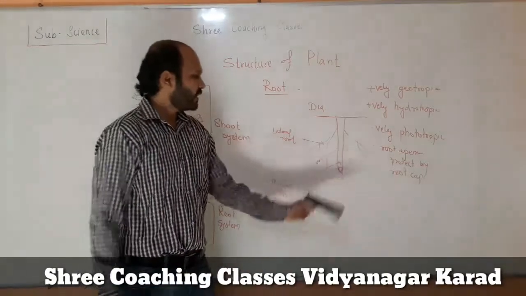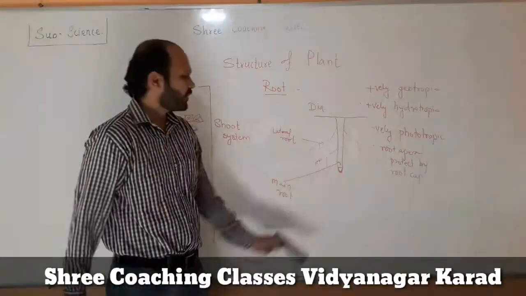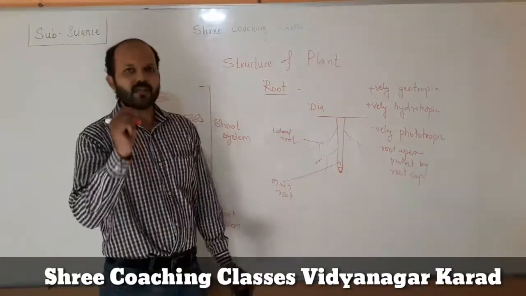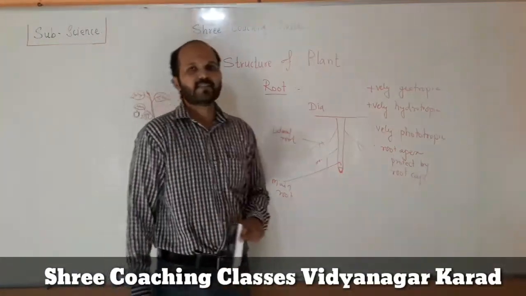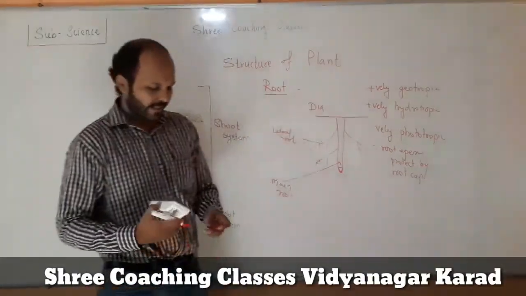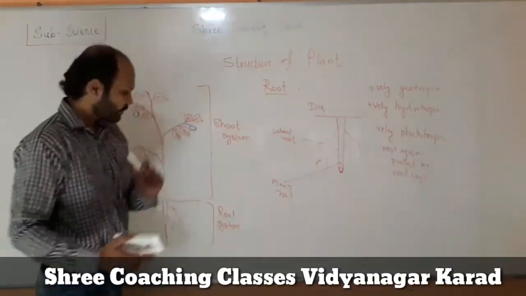Here, this is the root apex, or tip portion of the root. This portion is protected by the root cap. So these are the characteristics of roots. Again we will discuss it.